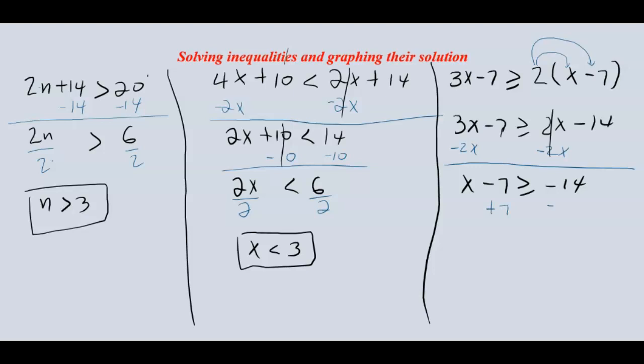So we do it on both sides. So we got x, and negative 7 plus 7 is 0, it's gone, greater than or equal to, and negative 14 plus 7 is negative 7, greater than or equal to negative 7.